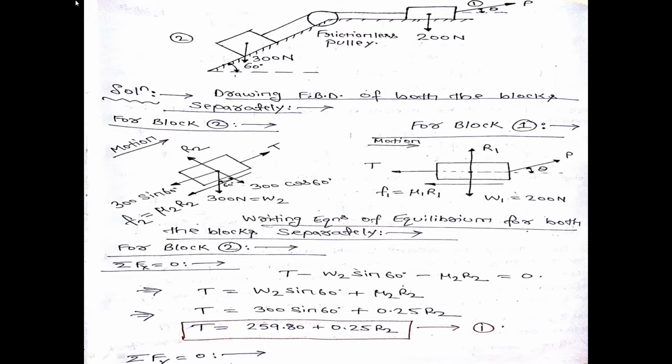Let us see the figure. The second block is kept on an inclined plane of angle 60 degrees, and the first block is kept on a rough horizontal plane. Both the blocks are connected by a common string through a frictionless pulley.